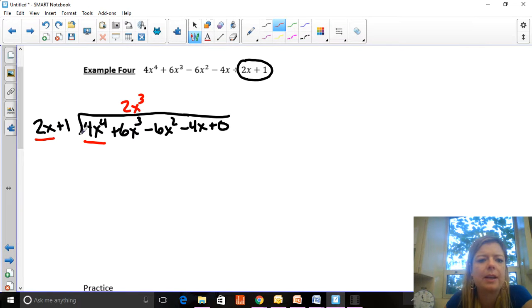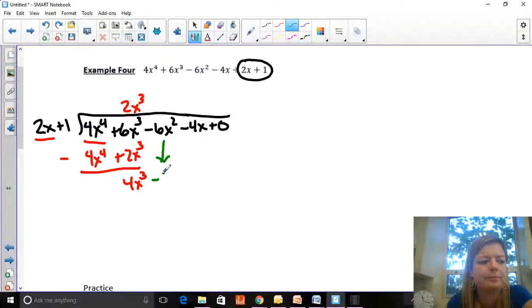I multiply it down, I get 4x to the power 4 plus 2x cubed. I subtract, and I get 4x cubed. And now I'm going to bring down the minus 6x squared. So this divided by this is 2x squared.